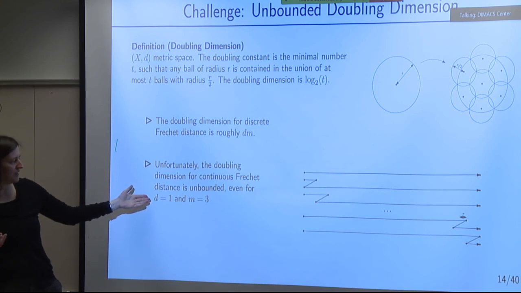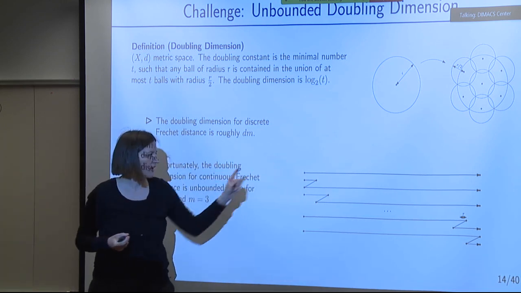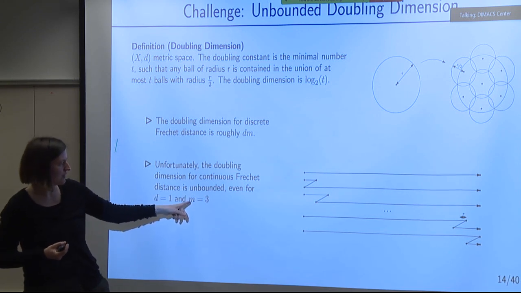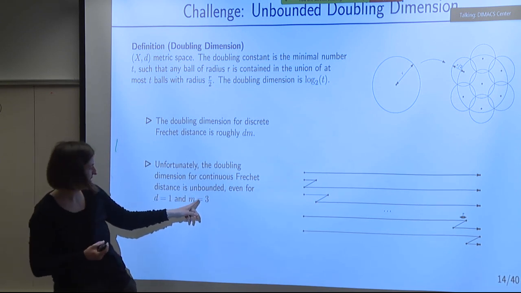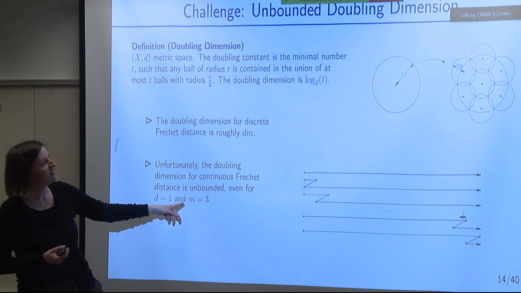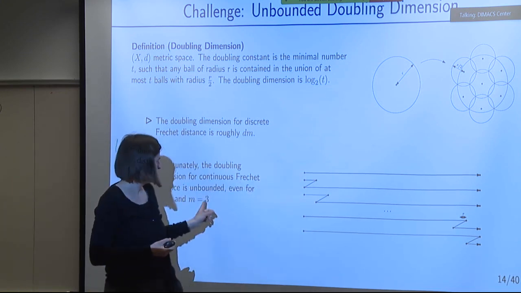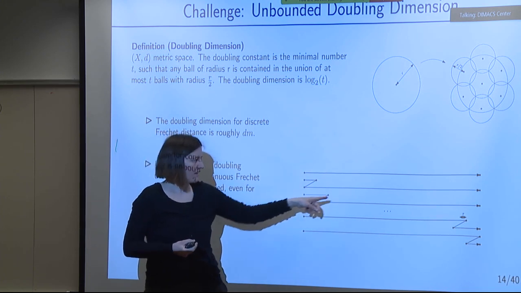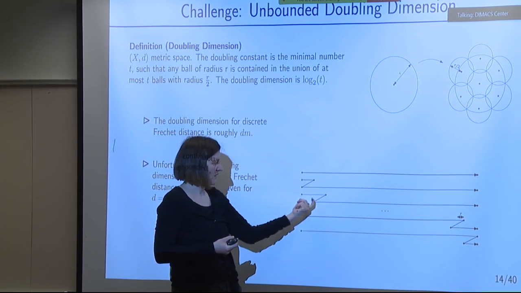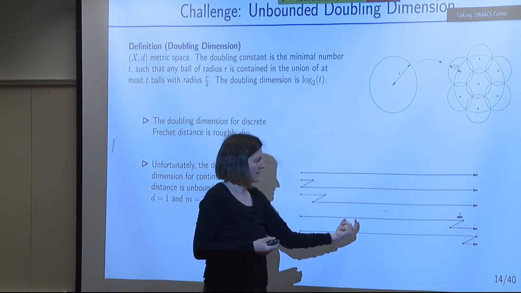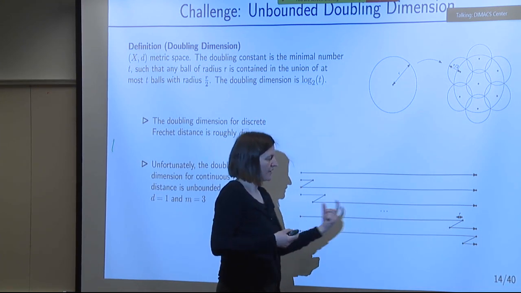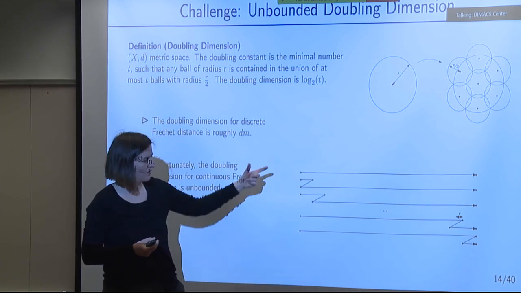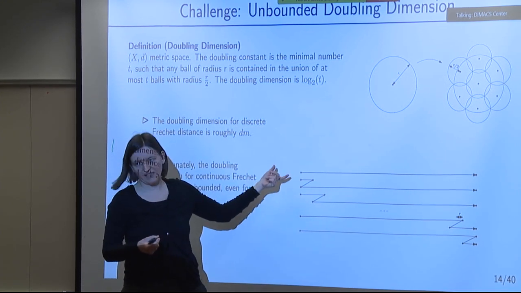Basically, even in d equals 1, these are curves that go back and forth on the line, with m equals 3, or maybe this should be 4. I don't know if it was the number of edges or vertices. Here it's the number of vertices, so maybe it should be 4. Each of these curves has a zigzag, and they all have the same width. We place them shifted against each other so that all the pairwise distances are exactly r.